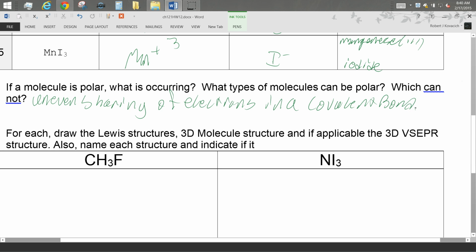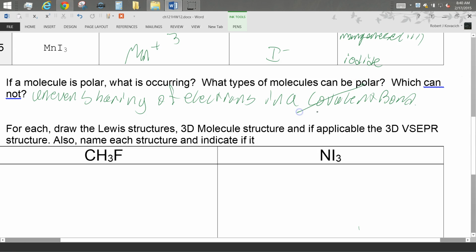What types of molecules can be polar? And which cannot? How come the ionic ones can't be polar?